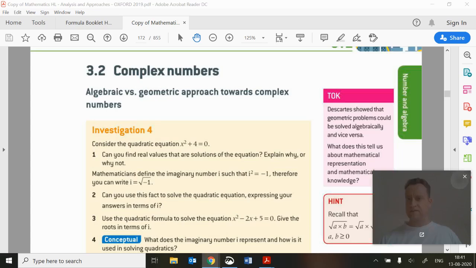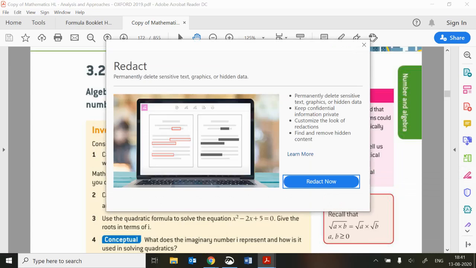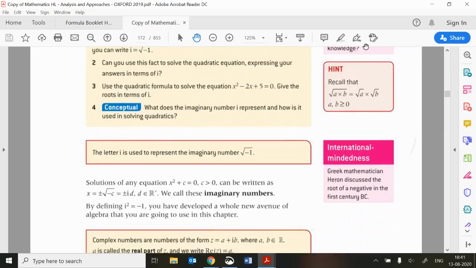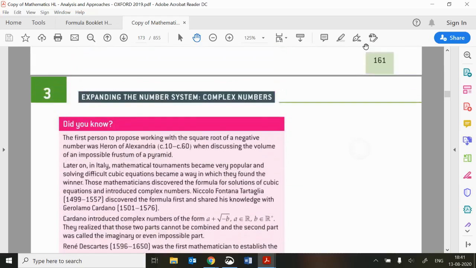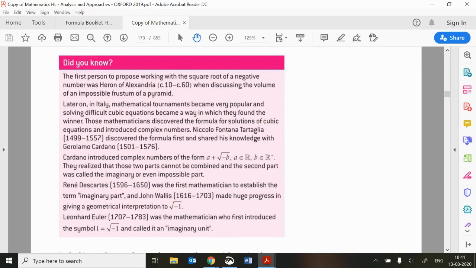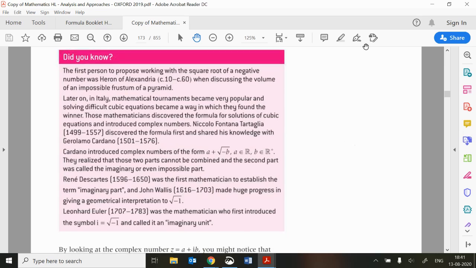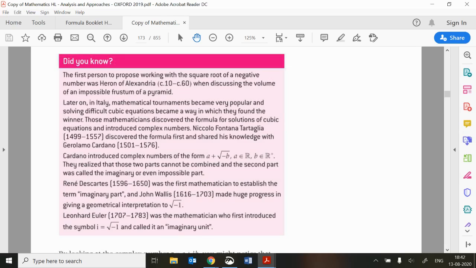In fact, okay, hang on, sorry about that. So in fact, there's a little note on here. Did you know? Okay, and just to witter on a little bit about the mathematicians and the history of maths, it says the first person to propose working with the square root of a negative number was actually Heron of Alexandria back in, what's that, BC 10 to 60?